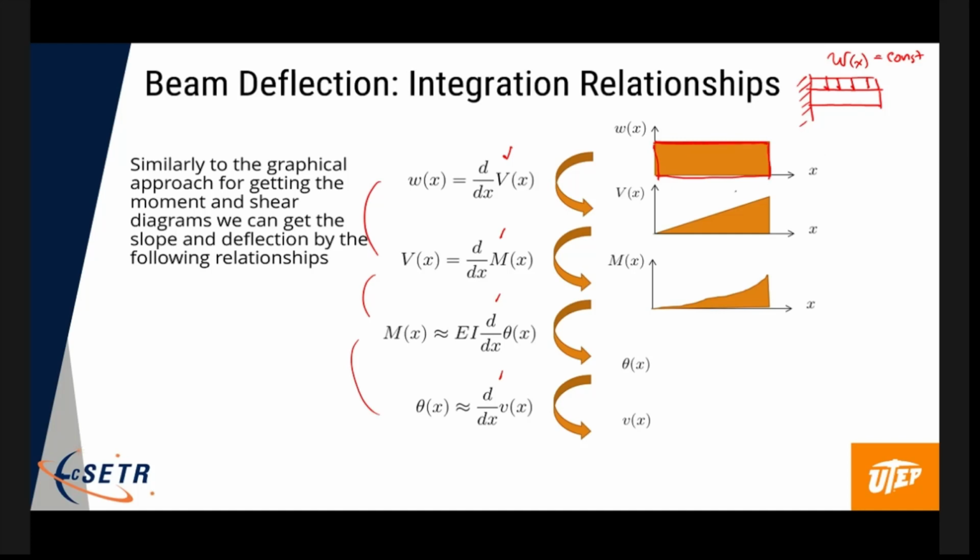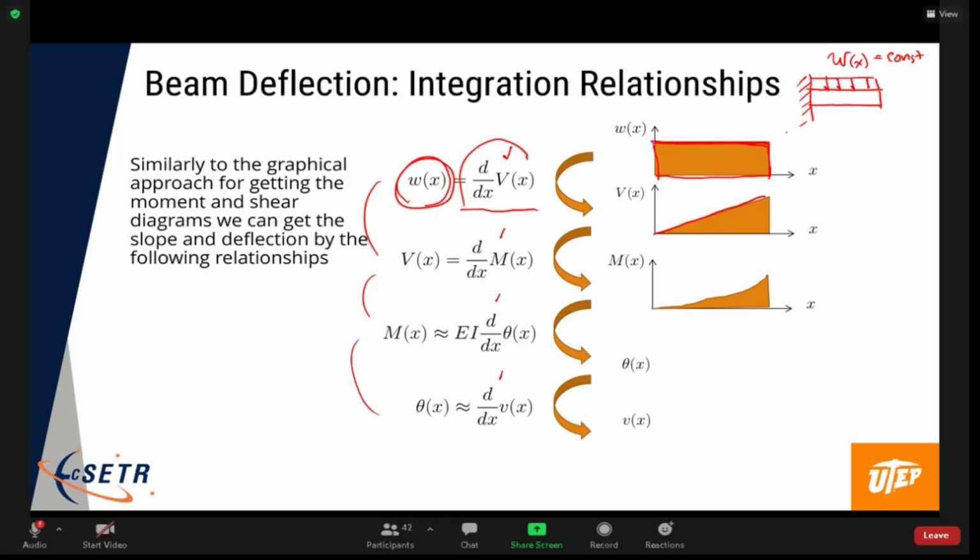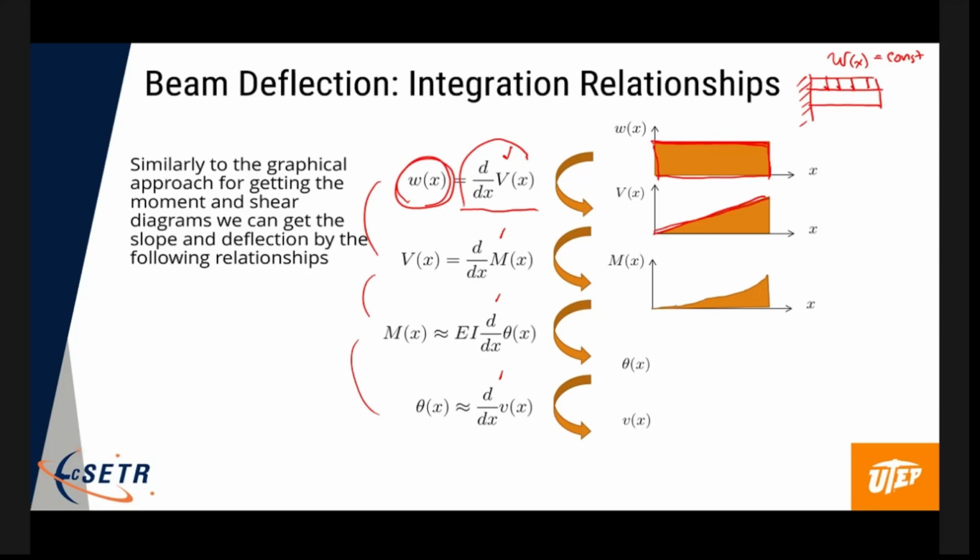We already know that if we integrate the distributed load, we get the shear curve, or in other words, the slope of the shear curve has to equal the value of the distributed load. And so we were able to construct the shear diagram. This looks weird. This is supposed to be a quadratic. I do not know how to draw a quadratic in PowerPoint, so whatever.